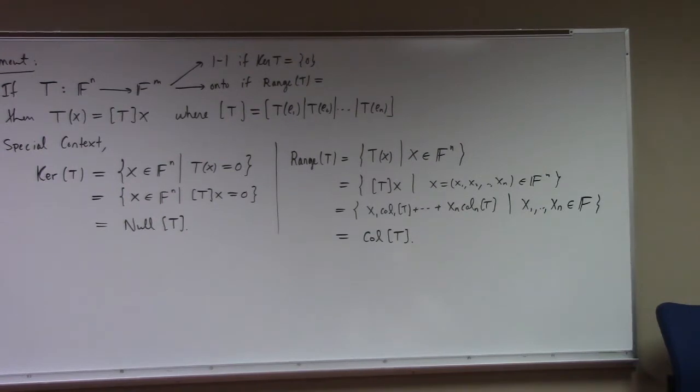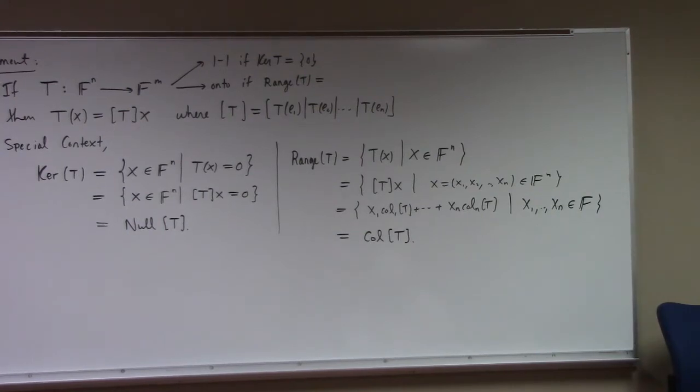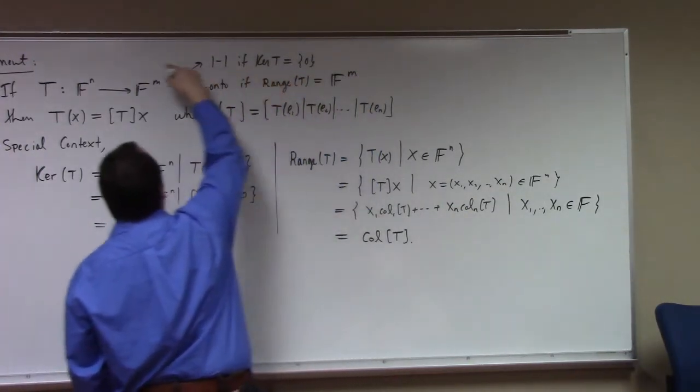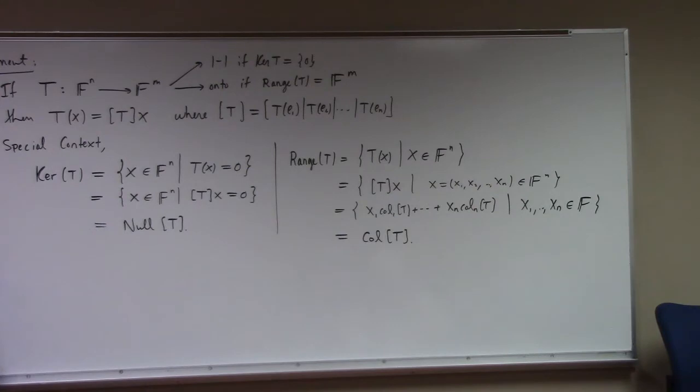What does it take for this mapping to be onto? The whole thing, right? Just Fm. So it has to cover all of the codomain. And in this special context, I can also say, in other words, the null space is 0, and the column space is all of Fm, if I wanted it to be onto.